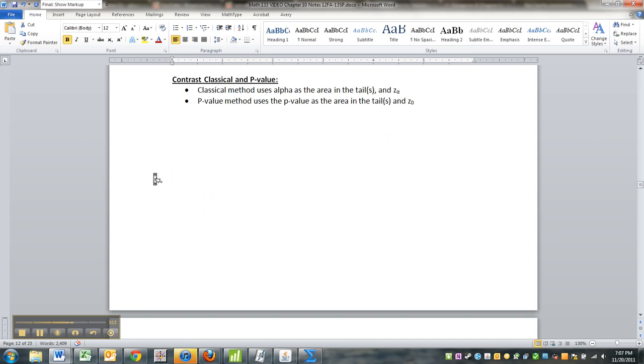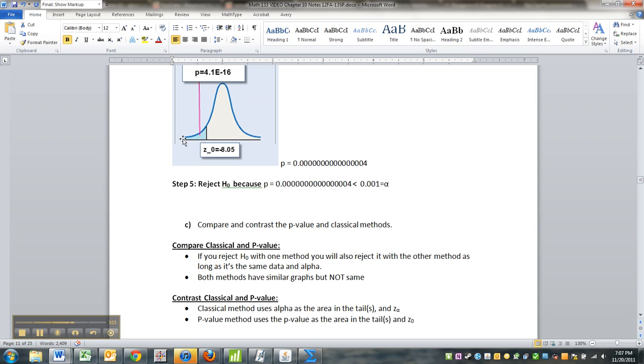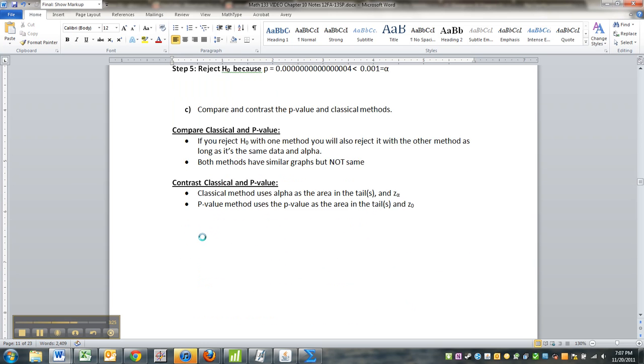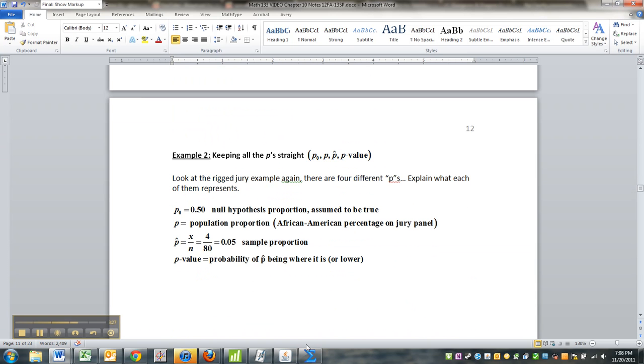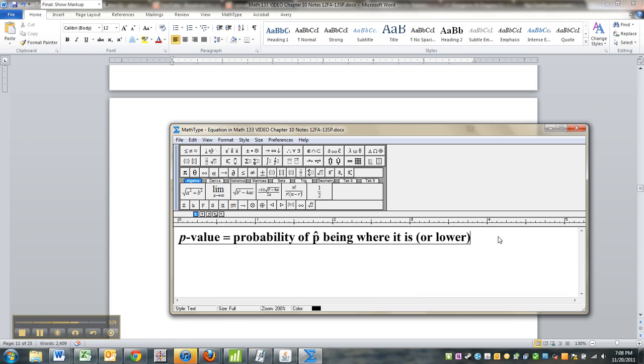Let me go back. It's this whole area you're finding. This whole thing is a p-value. So there's your test statistic, which comes from your p hat, and then this blue area where you're shading, that's your p-value. It's the probability of getting what you got in your sample by accident, by random fluke, by random chance.